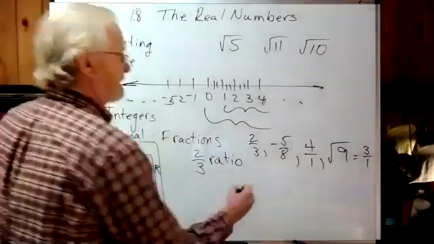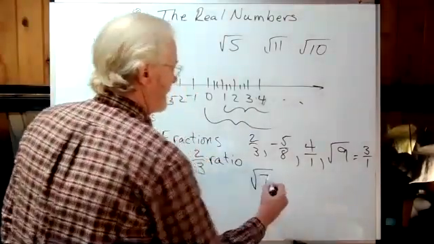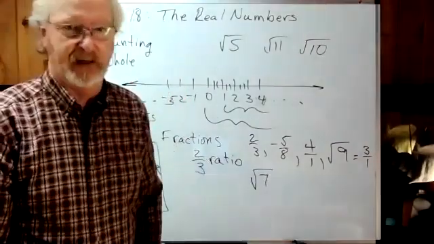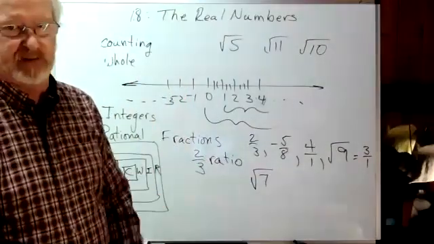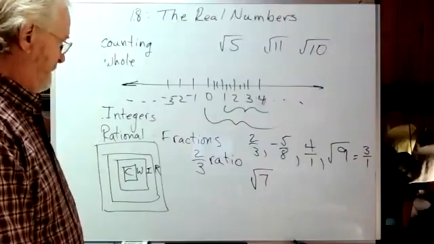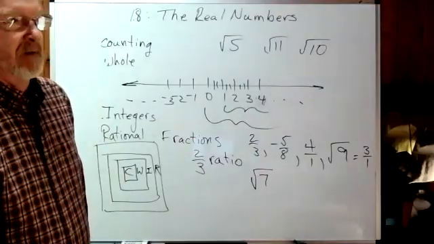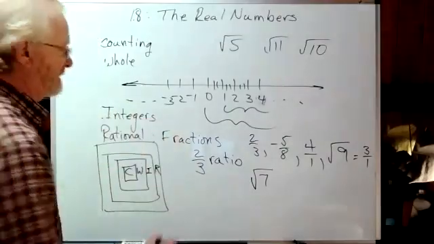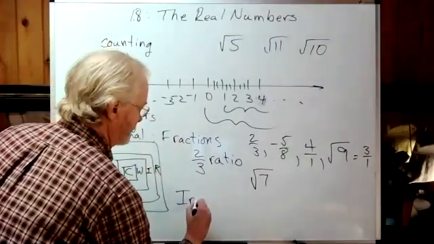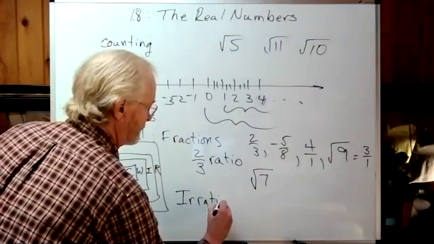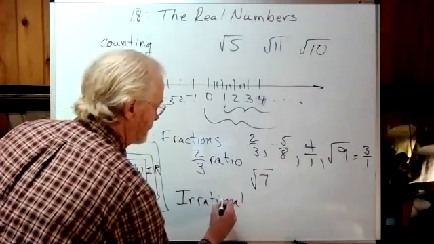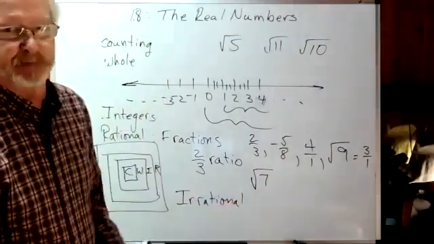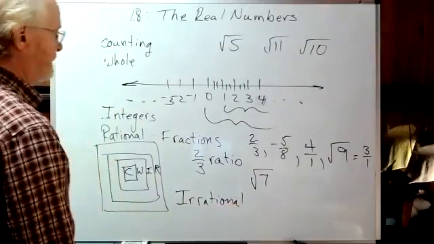Well, what about the kind that I can't simplify and make look like a simple fraction? Our name for it is a negative of rational. These are called irrational numbers.